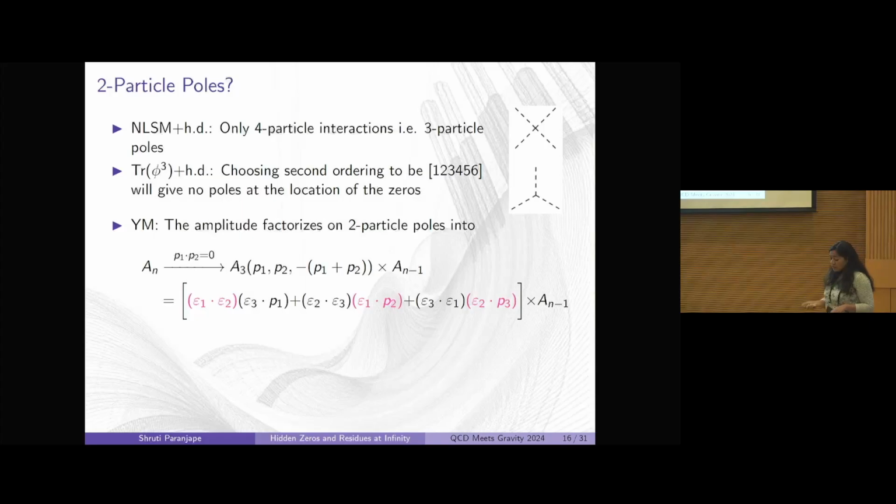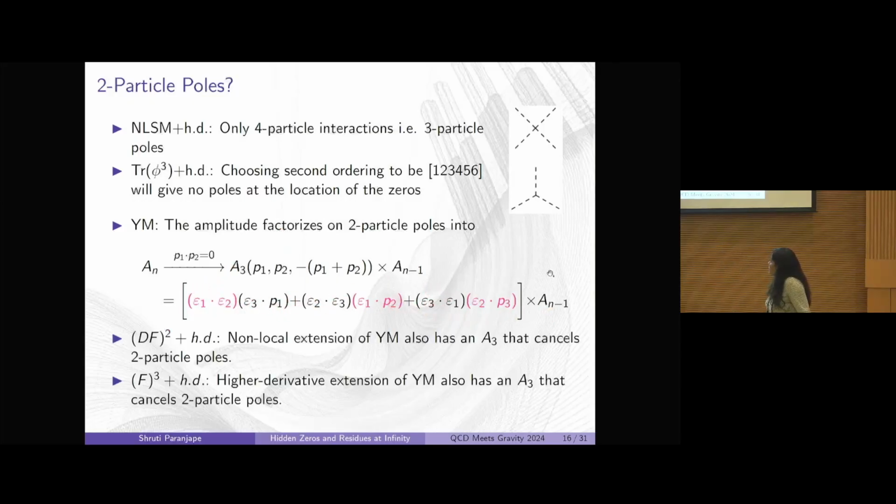For Yang-Mills, we know 2 particle poles exist naturally, but the 3-point amplitude actually vanishes on the support of the polarization conditions. So all of these single copy theories, including DF squared and F cubed, with higher derivative corrections, as long as you satisfy the BCJ relations, you have a zero.